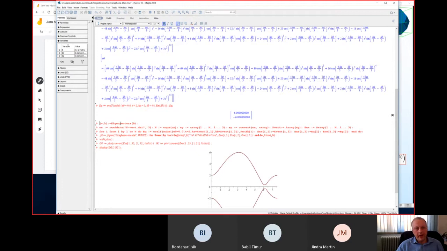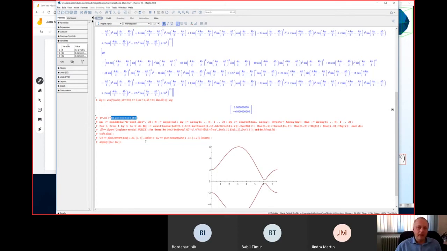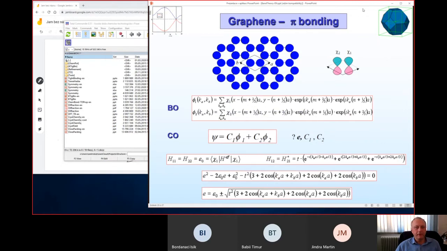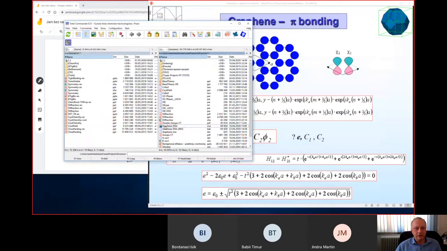You could also run the eigenvectors, and this subroutine calculates both the eigenvalues and the eigenvectors. For each eigenvalue, you obtain the set of coefficients in this linear combination. But if I want to plot the whole band dispersion, I have to define this set of k points, and this is somewhere here.